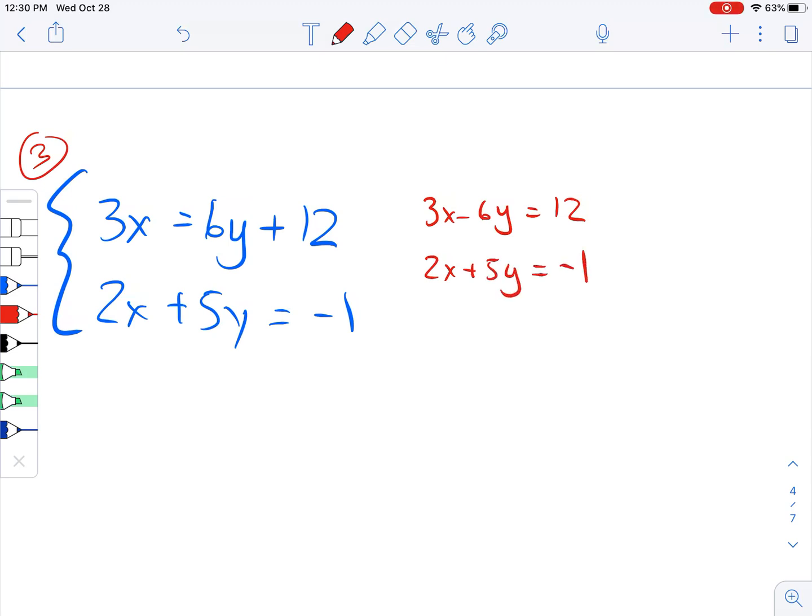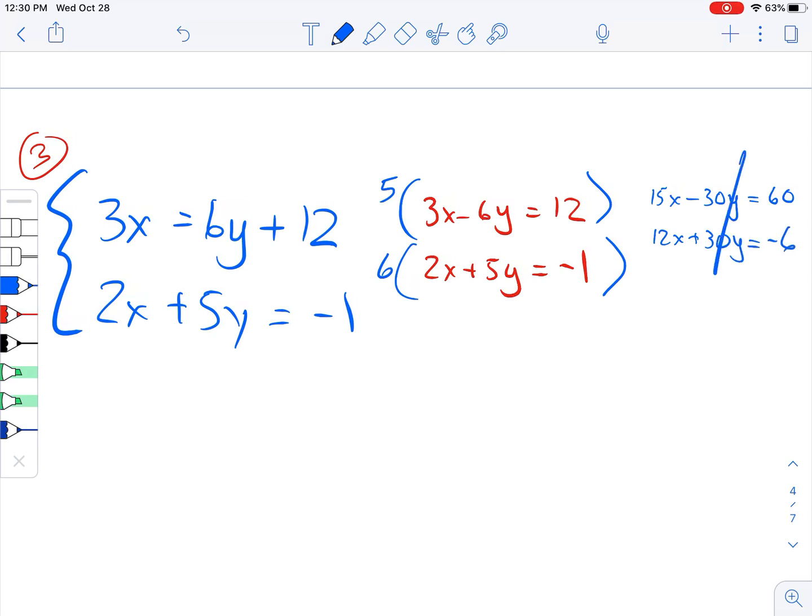Now we can proceed. Some people might notice that you could multiply the top by 5 and the bottom by 6. That would make your y's match or be inverses of one another, and then you could eliminate your y's by adding.